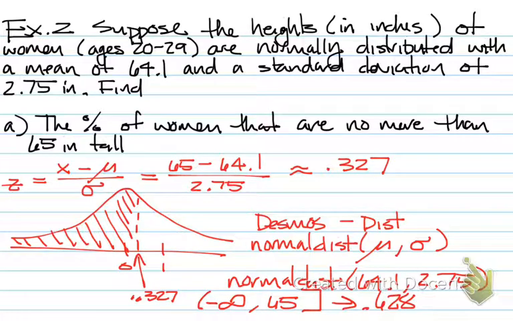That brings back a probability of 0.628. So there's a 62.8% chance of randomly choosing a woman between 20 and 29 who is 65 inches tall or less.